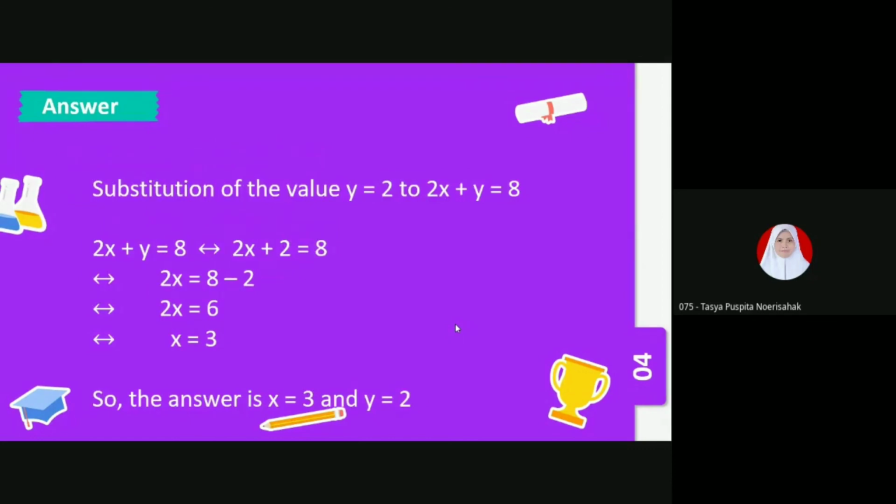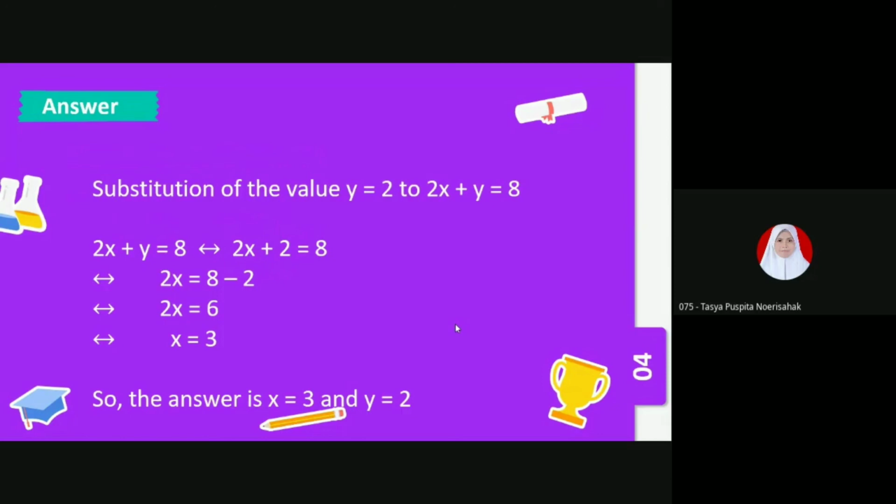Substitution of the value of y into 2x plus y equals 8. Now replace y with 2 in the equation. So 2x plus 2 equals 8.